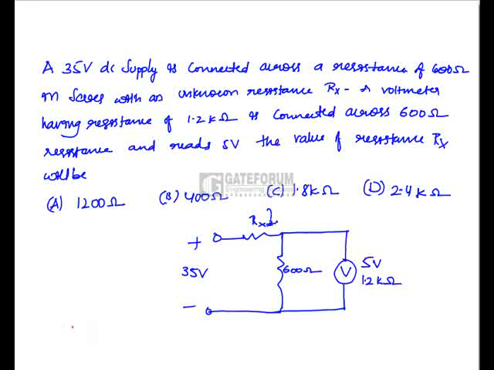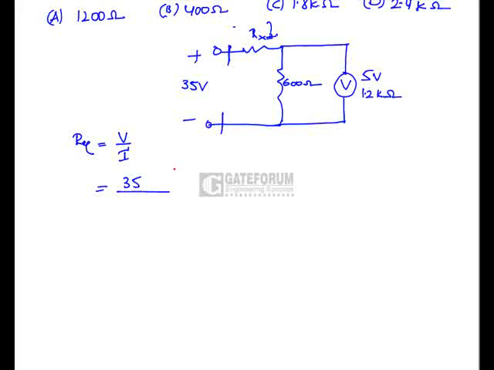Now I can write the equivalent resistance from this circuit as V by I. This is R equivalent between these two terminals, R eq, which is equal to V by I. So this is equal to 35 by I. Let the current flowing through the 600 ohms be IR and the current flowing through the voltmeter be IV.